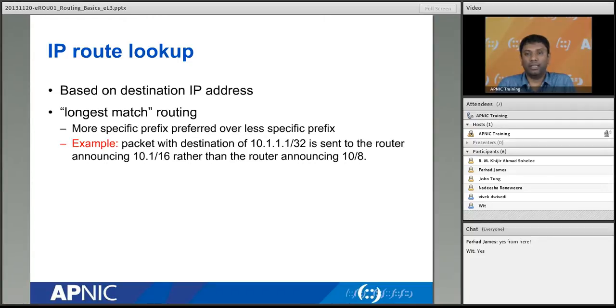If for the same destination there is more than one subnet match, then the router will take the longest subnet as the best match. This is the very common, very basic principle of a router. I'll explain in further detail.